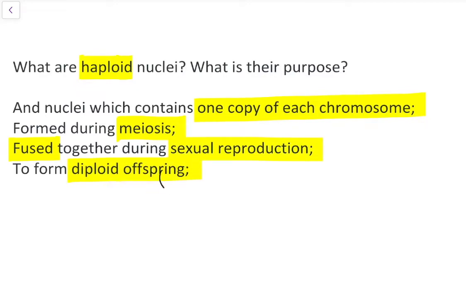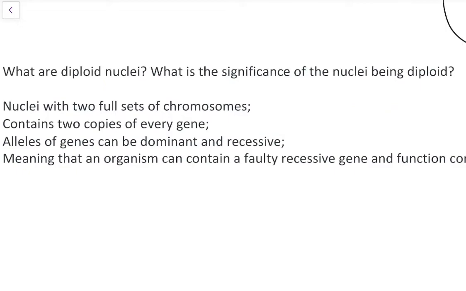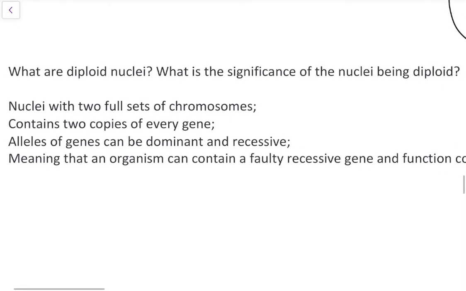We said the first cell there is the zygote. It forms this diploid zygote, which in us has 46 chromosomes, or 23 pairs of chromosomes. And that means that a diploid nuclei, what is a diploid nuclei? It's nuclei with two full sets of chromosomes.